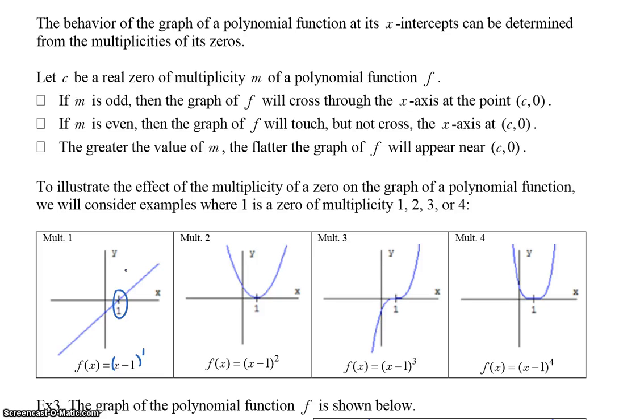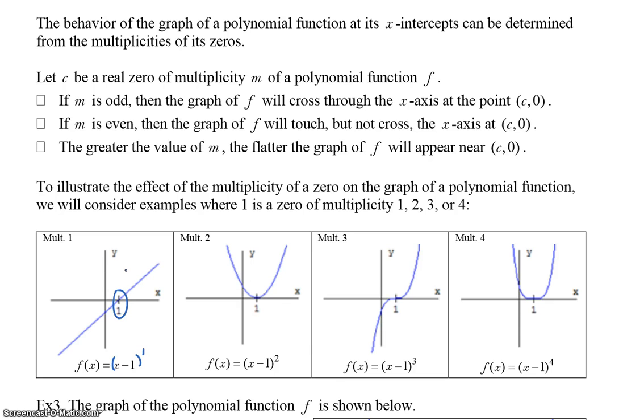Suppose we have f(x) equals (x minus 1) squared. Okay, here 1 is a zero of multiplicity 2. Its factor x minus 1 occurs twice. Now the graph is a parabola shifted 1 unit to the right so that its vertex is at (1, 0), and that vertex is an x-intercept.